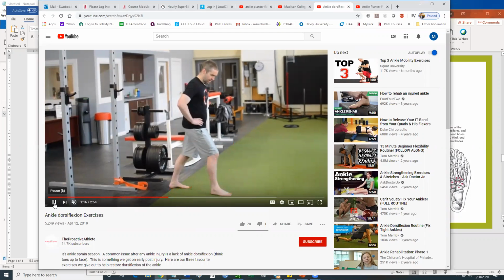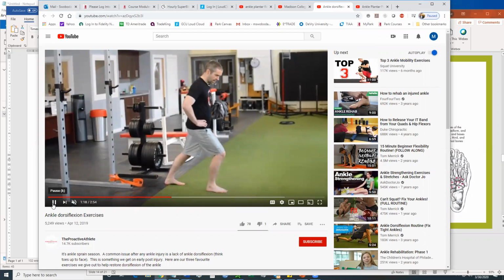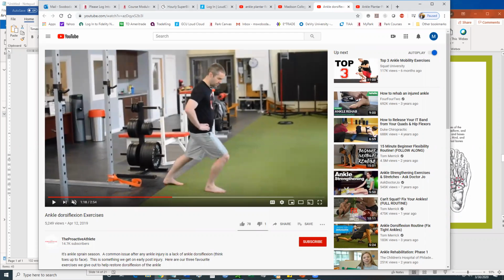So if we go back and watch him go back into dorsiflexion here, you notice that this angle is now shorter than 90 degrees. So that's why he's in dorsiflexion. If he were just standing straight up and then he were to lift his toes off the ground, that would do the exact same thing as what he's doing here.